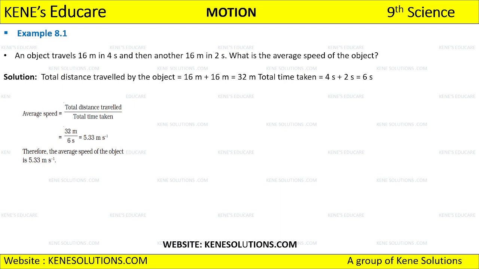I hope every one of you is going through the solved example that has been shown on screen.